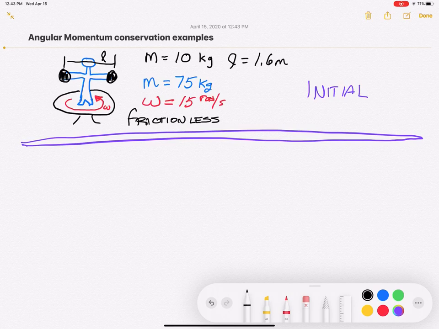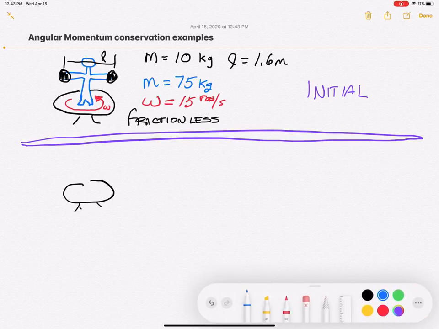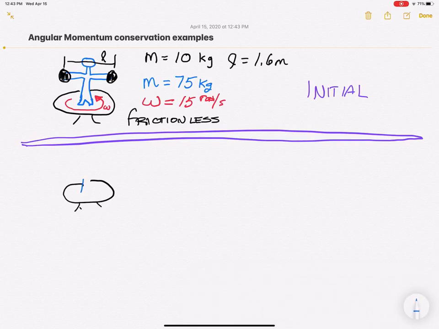which has the disk, and it's going to have our person, maybe they're in bell bottoms.